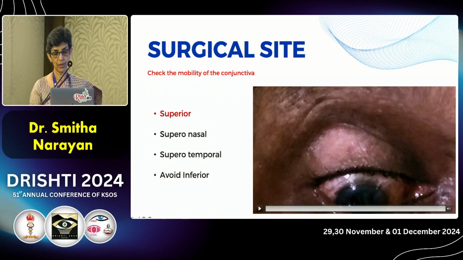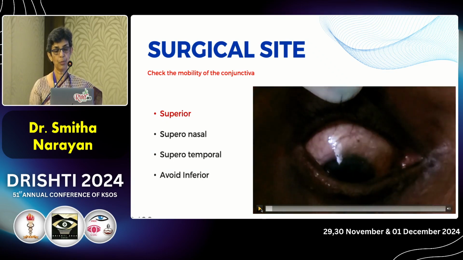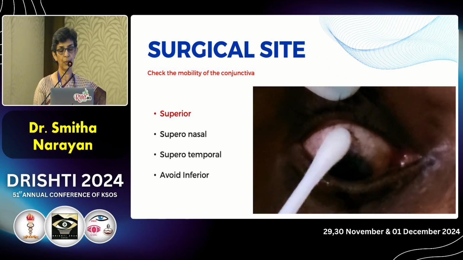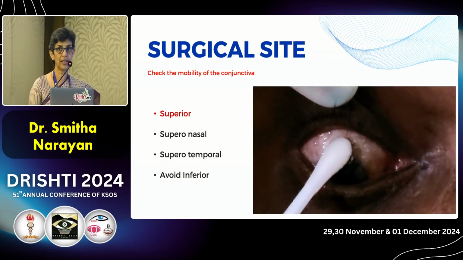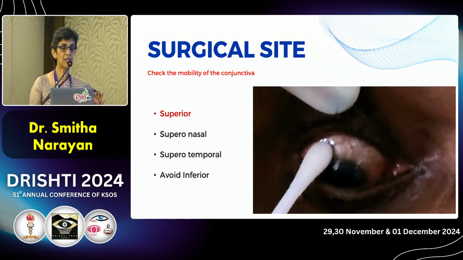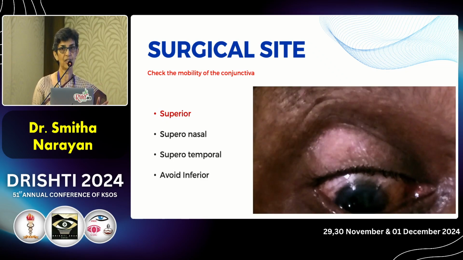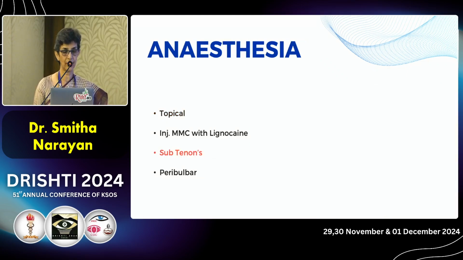As I have shown in this video, check the mobility of the conjunctiva, which can be done using a bud dipped in proparacaine, and you should see that the conjunctiva is mobile. In conditions like previous cataract surgery or pterygium surgery, you may find that the conjunctiva is adherent, and discovering it on the table is not a good idea.